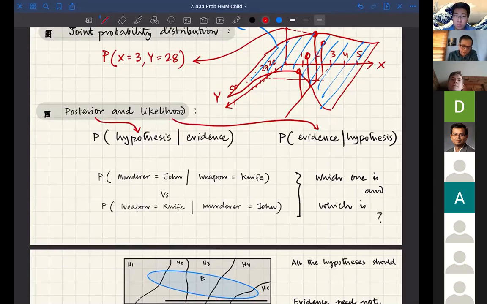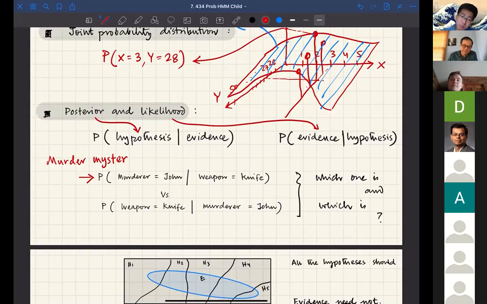I was hoping that some of you would say, oh, I remember posterior and likelihood, and I set up the question for that. So suppose I say the probability that the murderer is John. This is a murder mystery that I'm solving. I say the probability that the murderer is John, given the weapon of murder is a knife.